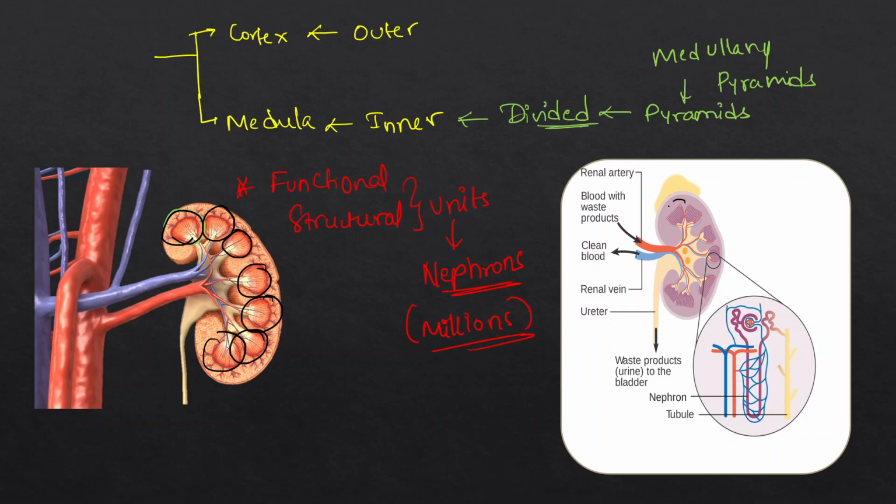These are your medullary pyramids, and inside these medullary pyramids you will have these nephrons. The space between two medullary pyramids is occupied by the cortex. That space which is occupied by cortex is called the columns of Bertini.